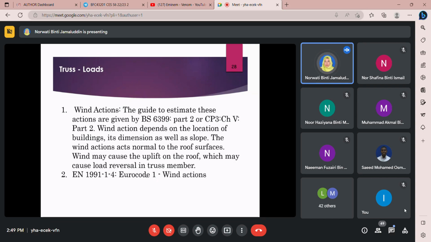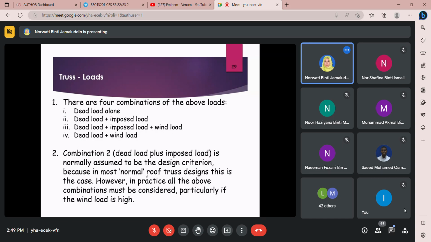But wind action acts normal to the roof surface. Normal, in other words, perpendicular. Yes, perpendicular.